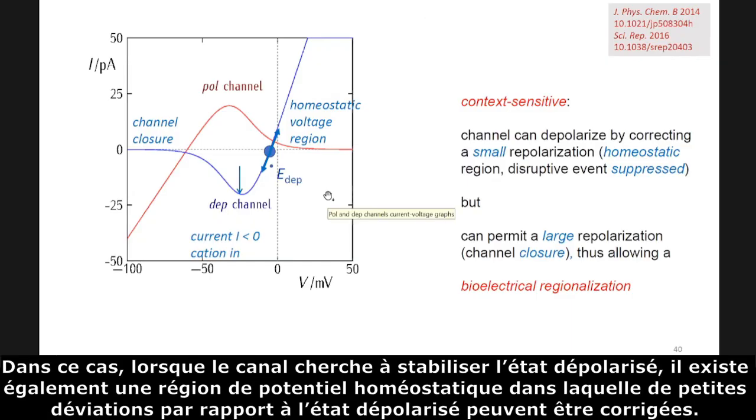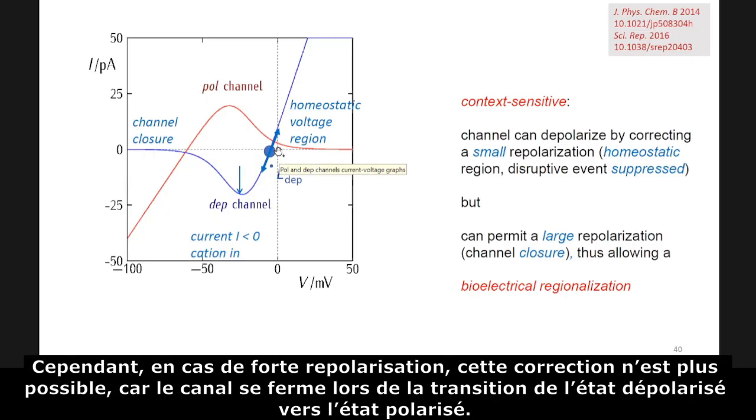In this slide, we see that in the case of the channel trying to fix the depolarizing cell state, there is also a homeostatic voltage region, so that small deviations from a cell which is depolarized can be corrected, but if there is a strong repolarization, the repolarization could not be corrected because, again, the channel closes.